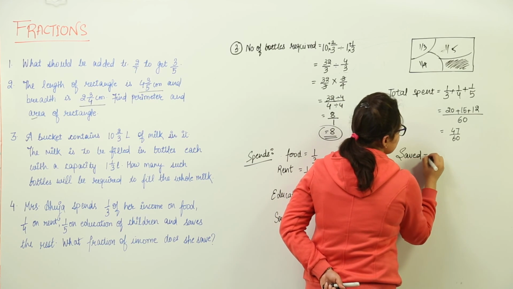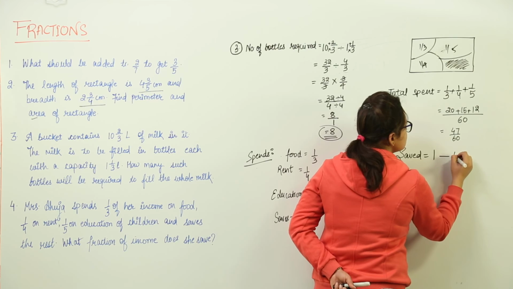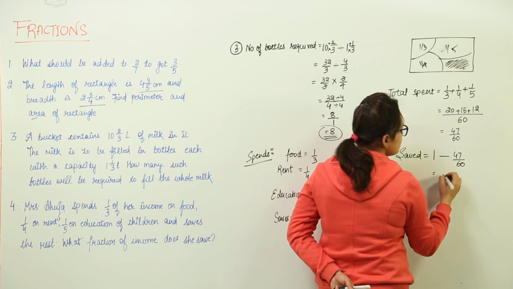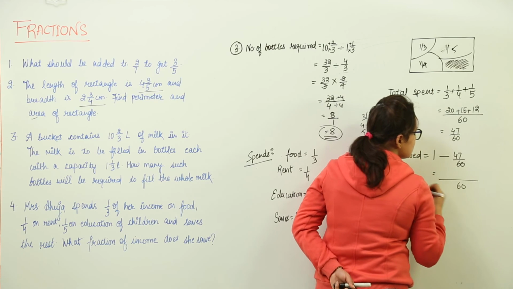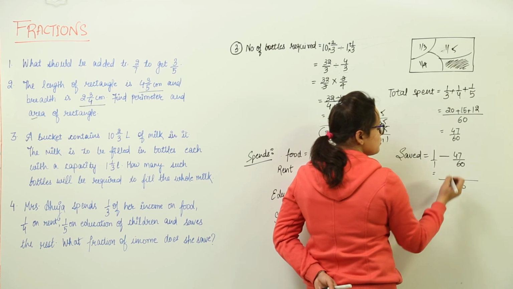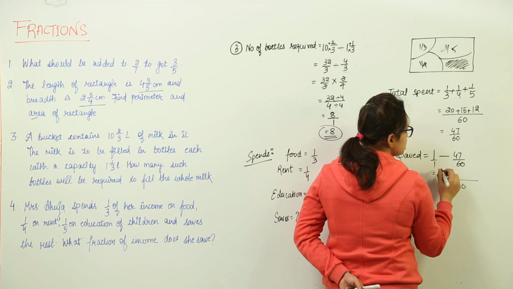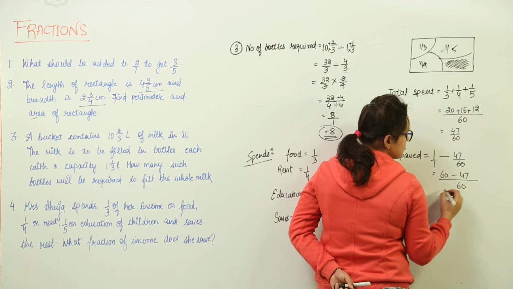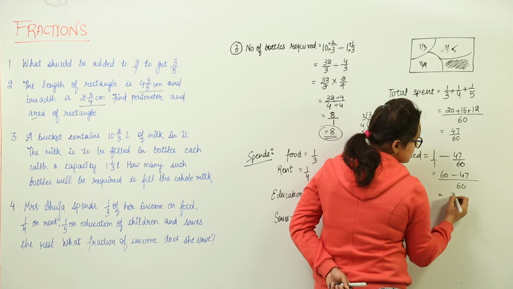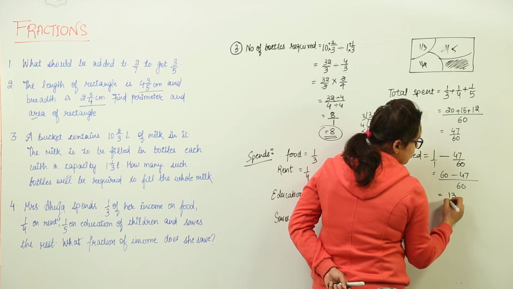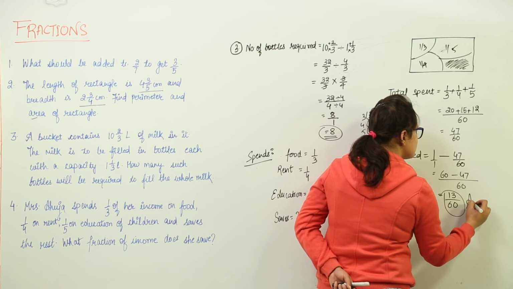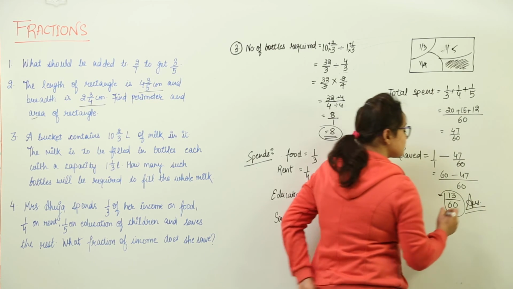She saved 1 minus all the expenditures, right? You will take the LCM 60 because 1 has denominator 1 only. You will get 60 into 1, 60 minus 1 into 47, 47. So you get 13 over 60. This is the fraction of income that she has saved.